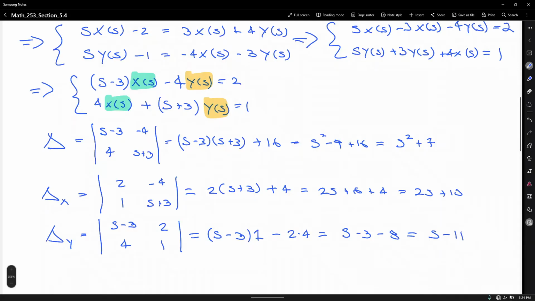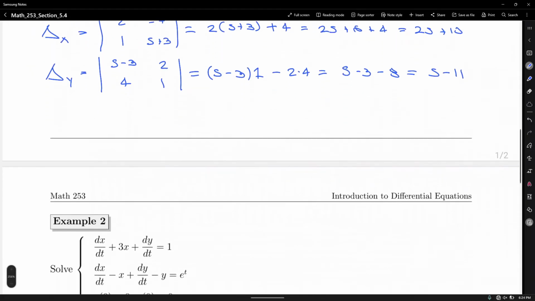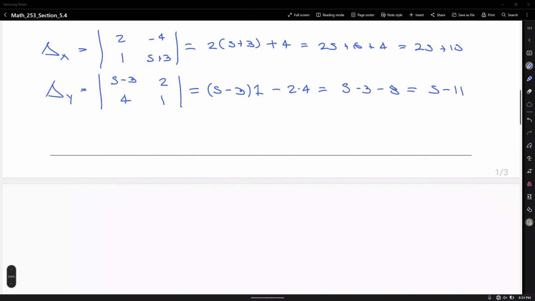So we have everything we need to find the solution to the system. But that's just the x of s. Let's go to the back side of the page. To calculate x of s, we always divide delta x by delta itself. Delta x is 2s plus 10.